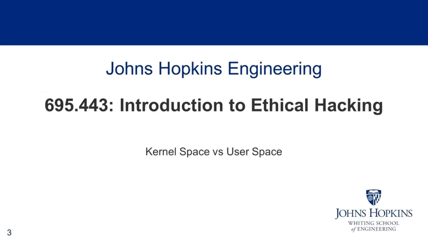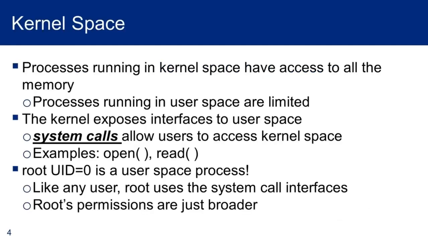The first step is to understand the difference between kernel space and user space, as the hooking takes place in kernel space. While we have a pretty good intuition about what system level means, I want to start by diagramming exactly what takes place where. The first important idea is that processes running in kernel space have unrestricted access to memory, while processes running in user space do not.